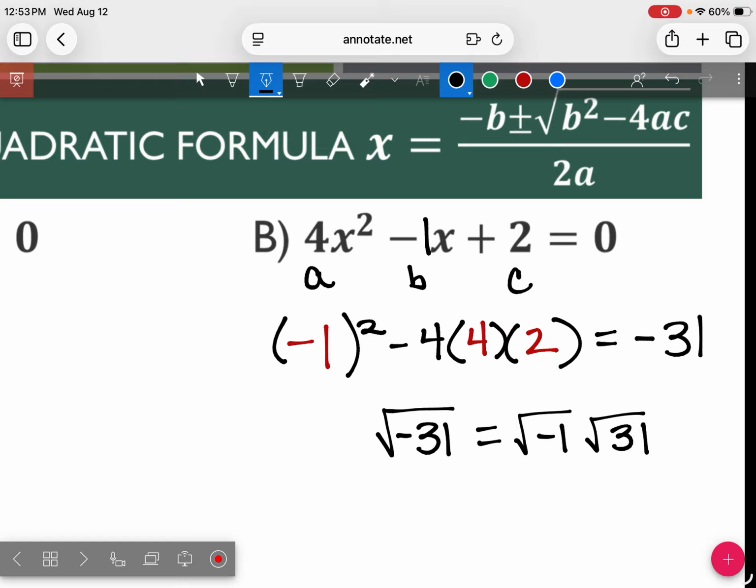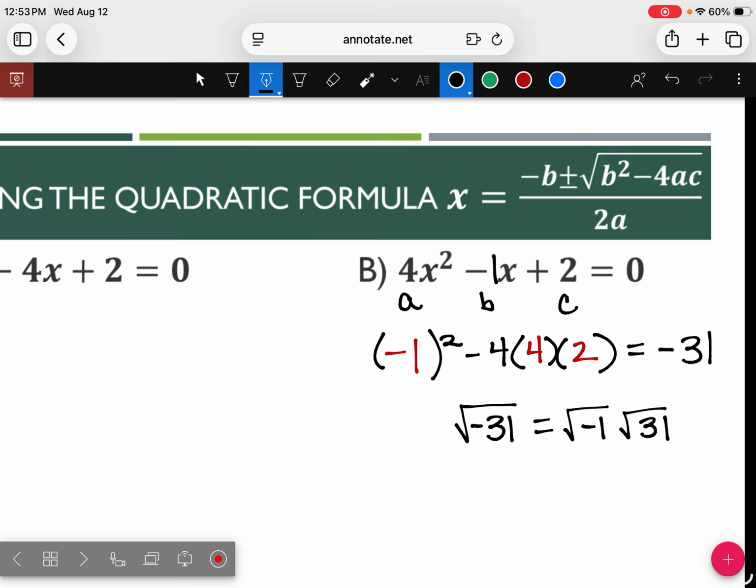Does anybody remember what the square root of -1 equals? i. Yep. So we did the hard part. That's the hardest part of the quadratic formula. From here, I'm just going to finish it out. I'm going to put my fraction bar.